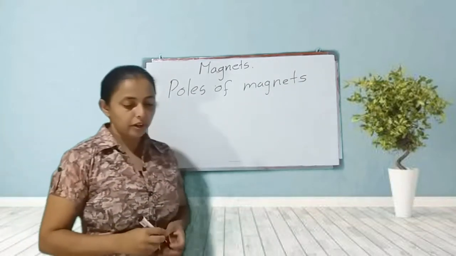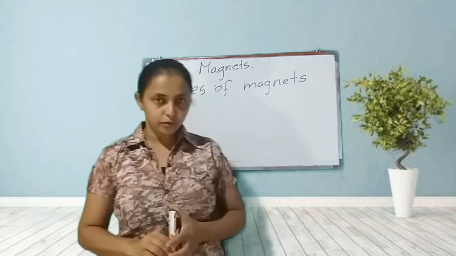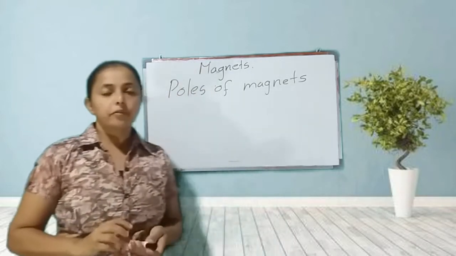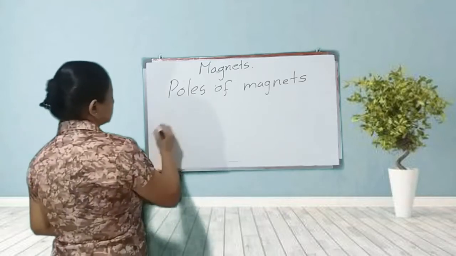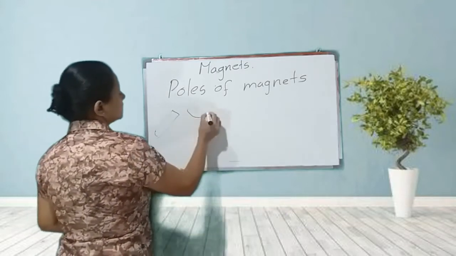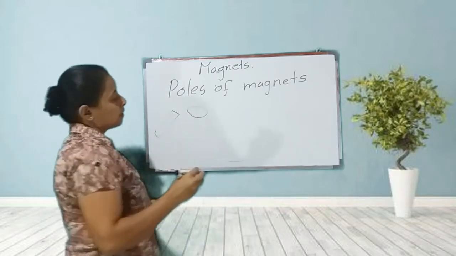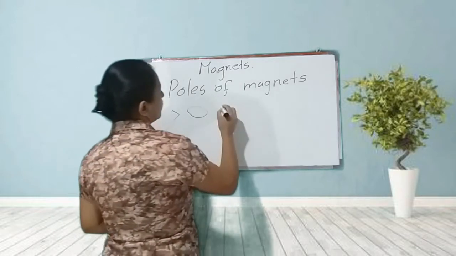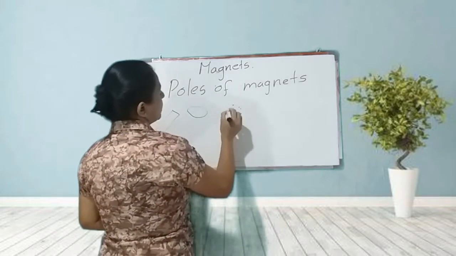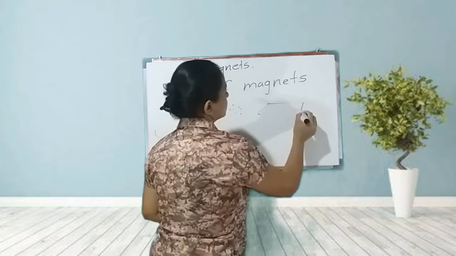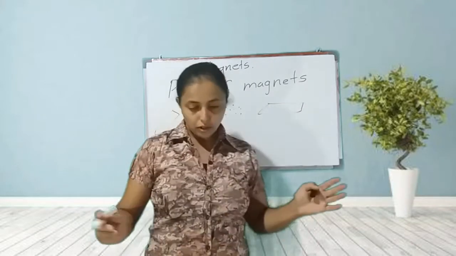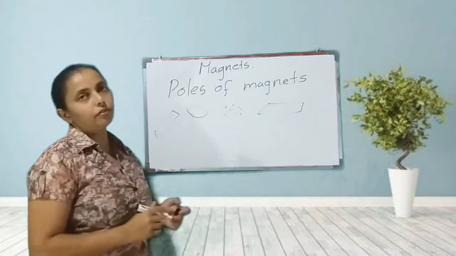In your textbook, Activity 6.2, we need a magnet, a polythene sheet, iron filings, and a sheet of paper.